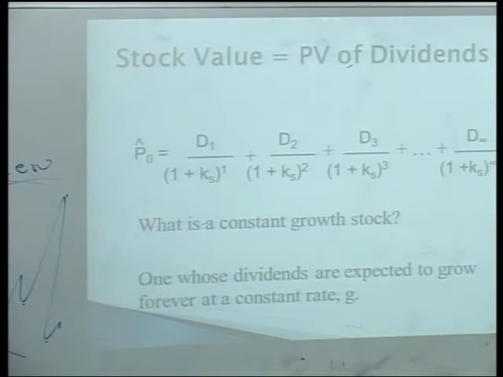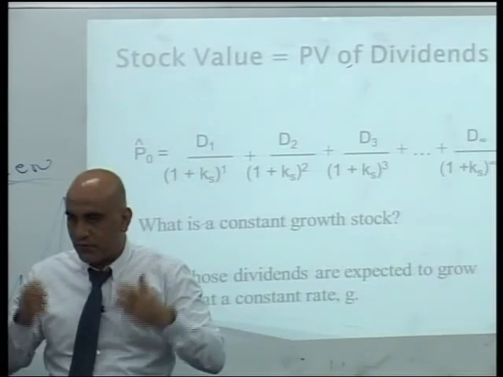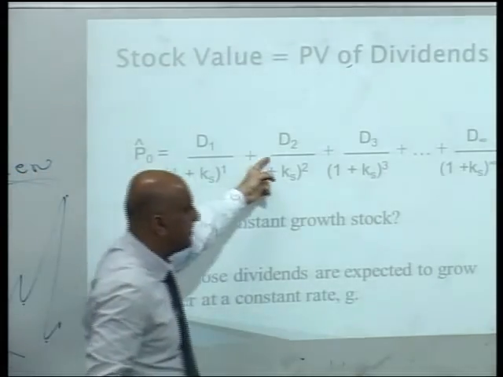I'm not saying the price for the next year or the third year. The P0 means the price of the stock now, or the initial price from today, is a function of the cash flow.